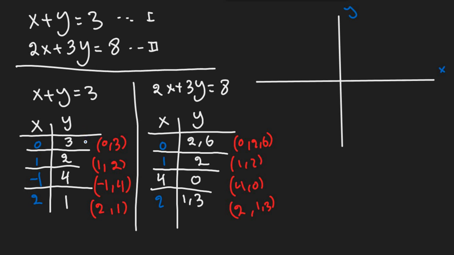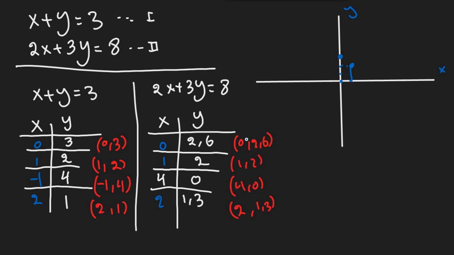Draw the first one, 0 and 3: x is 0, y is 3, this point. 1 and 2: x is 1, y is 2, this point.